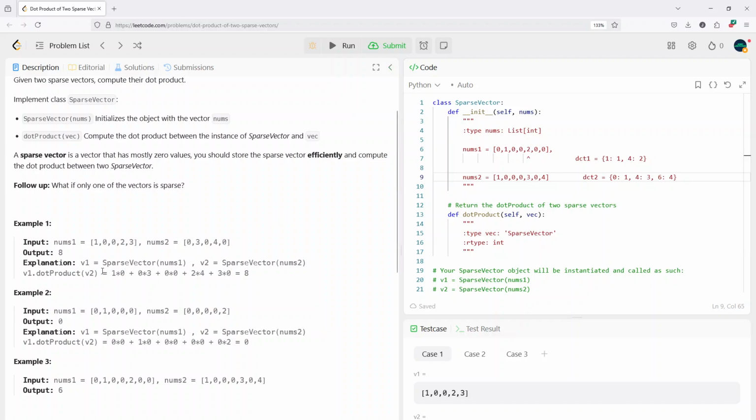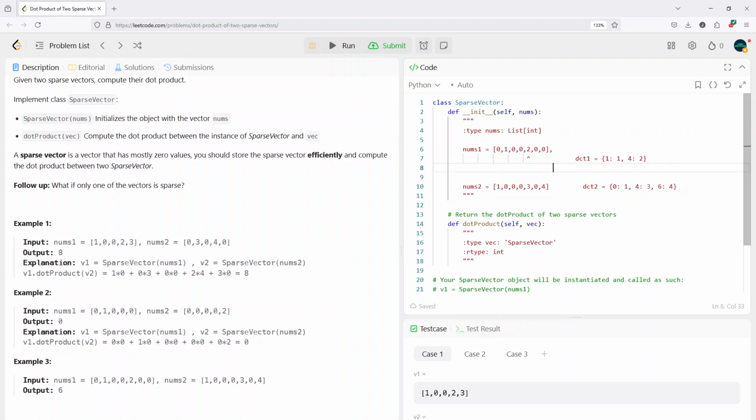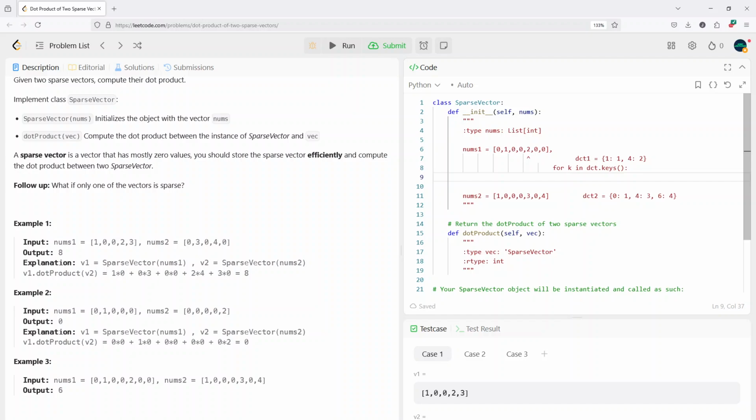And then basically you would just iterate through. So here we're doing v1 dot product v2. You could do for k in dict1 dot keys. So this would be like 1 and 4, for example. Then you would check if that key also exists in D2.